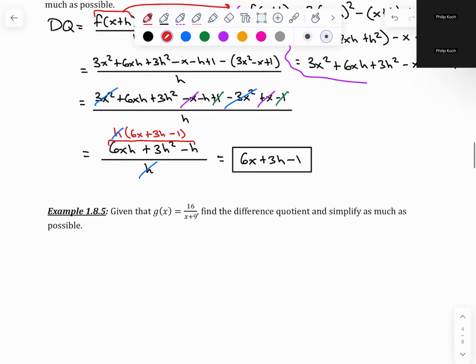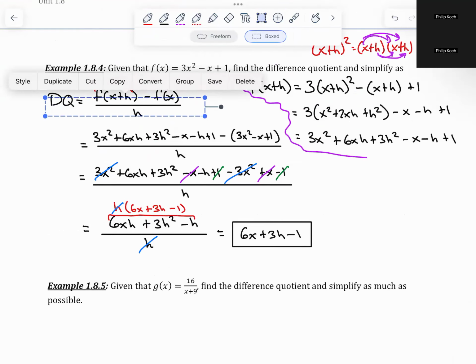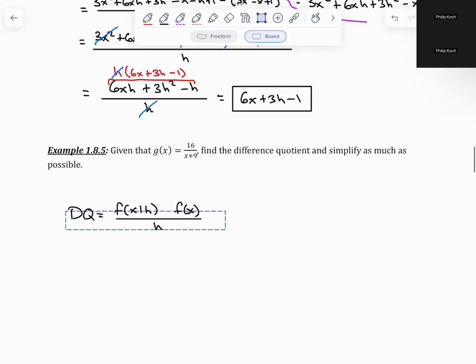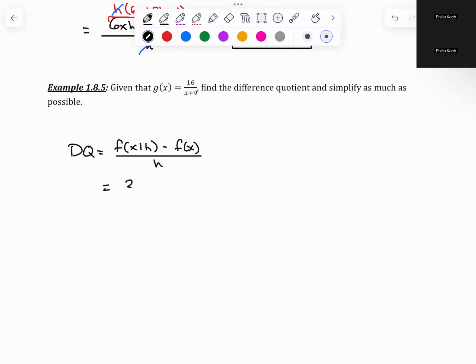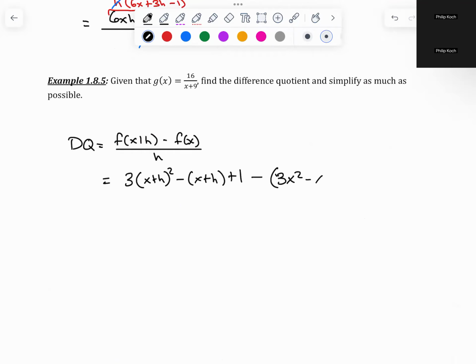If I want to go from here immediately to plugging it in, then I have to do 3 times x plus h squared minus x plus h plus 1, minus parentheses 3x squared minus x plus 1. For me, that ends up being a little more algebra than I'm comfortable with doing all at once. So I like to do this calculation off on the side so that I don't have to do it while I'm still trying to simplify at the same time.